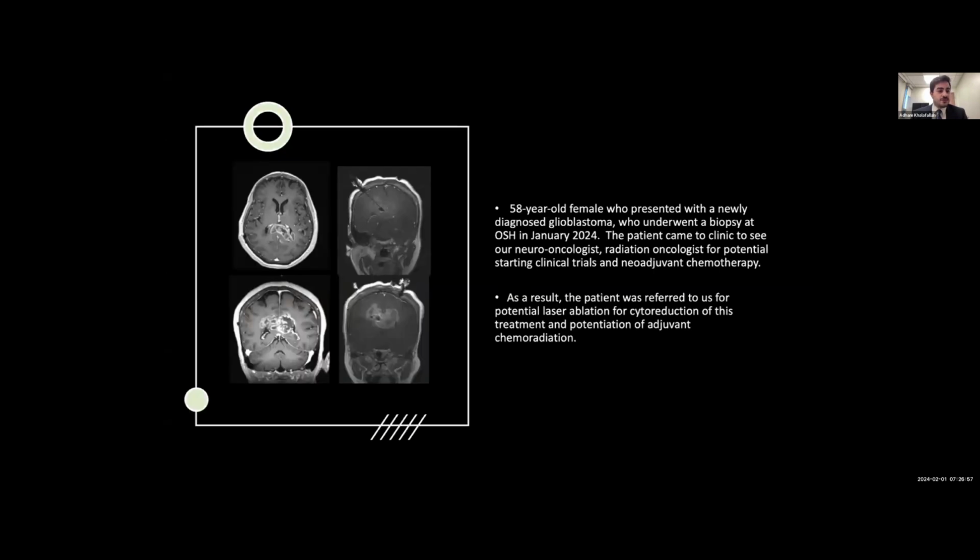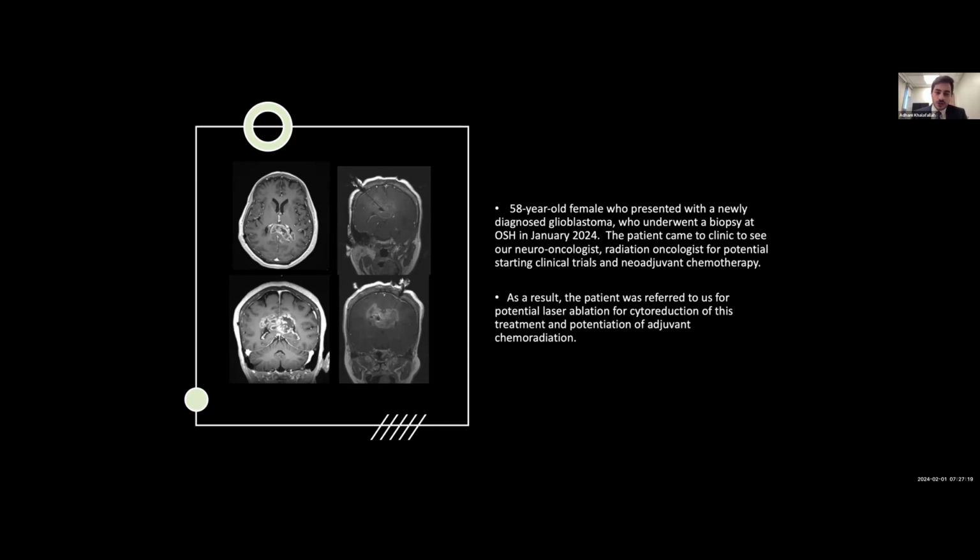This is another case that we also had here recently at UMH. This is a 58-year-old female that went to an outside hospital. They performed a biopsy, and then they referred her to our team here for the neuro-oncologist to start clinical trials and neoadjuvant chemotherapy.